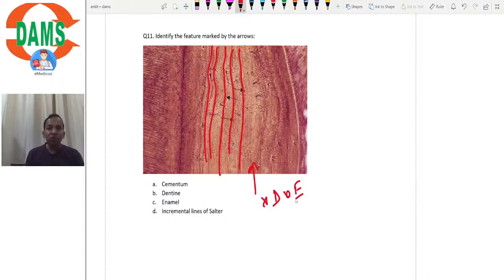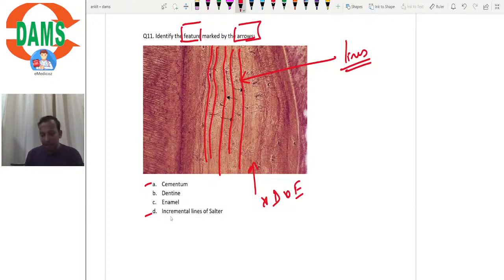So it has to be cementum because it is not even bone. Not bone, not enamel, not dentine, what is left? Cementum. So either the answer should be cementum or the incremental lines of Salter. Now what does the question ask about? It asks about the features marked by the arrows, and the arrows are pointing towards these lines, and hence the answer would be incremental lines of Salter.